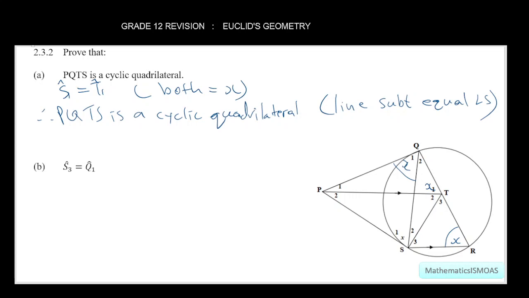Alright, 2.3.2, prove that angle S3 will be equal to angle Q1. Here is our angle S3. Prove that S3 is equal to Q1. Q1 is X. Prove that S3 will also be equal to X. S3 will be equal to Q1.